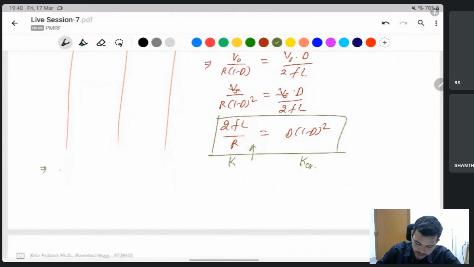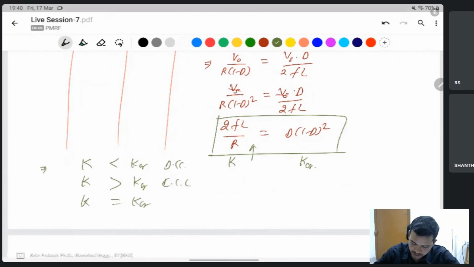If K is less than KCR, it is discontinuous conduction. If K is greater than KCR, the critical value of duty cycle, this is continuous conduction, and if K is the same as KCR, this is the boundary condition of conduction.